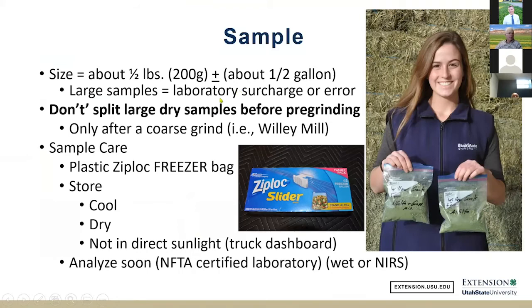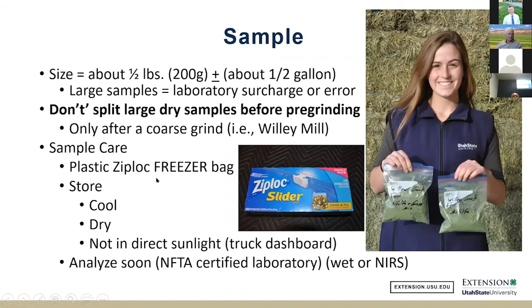So pre-grinding is important for both those who are taking the samples as well as labs that are processing them, to make sure that you can properly split a dry sample, but only after it's been pre-ground.